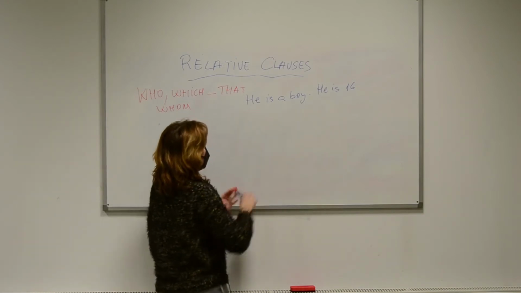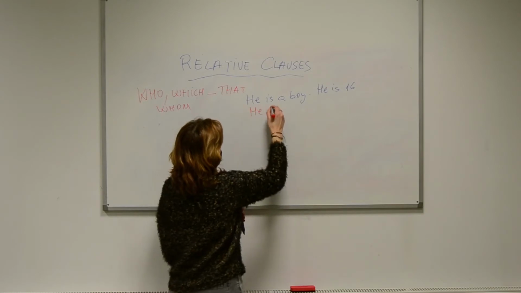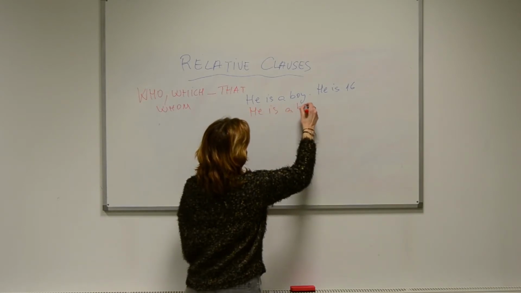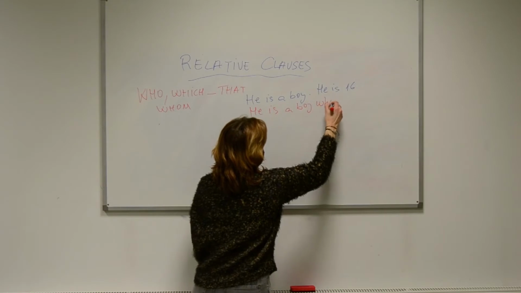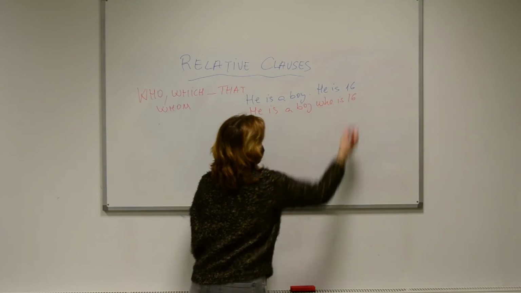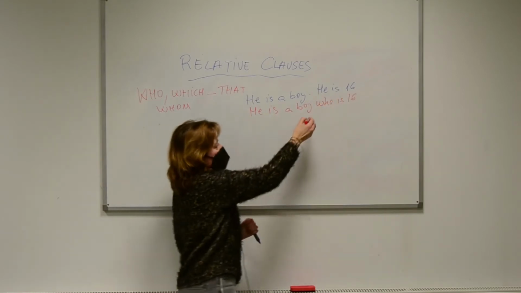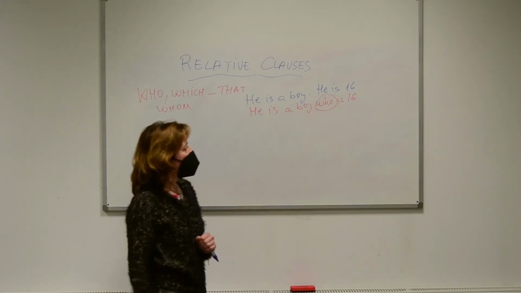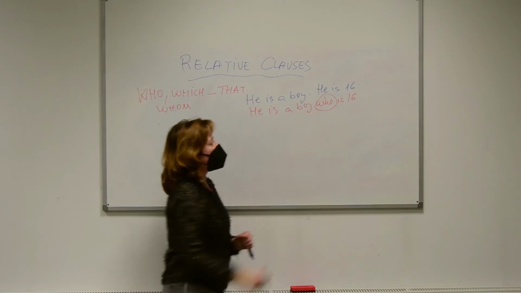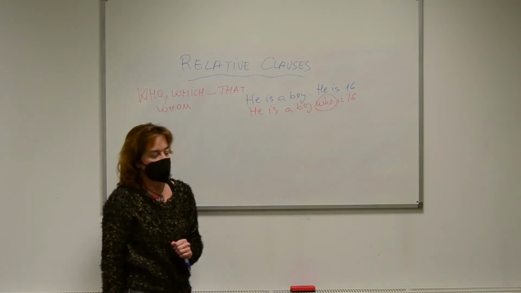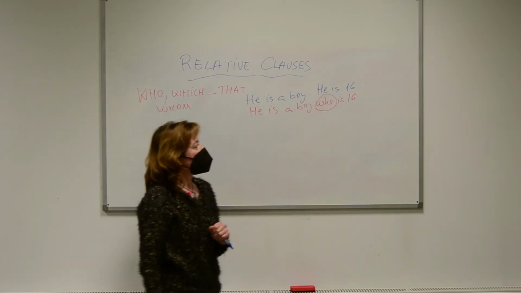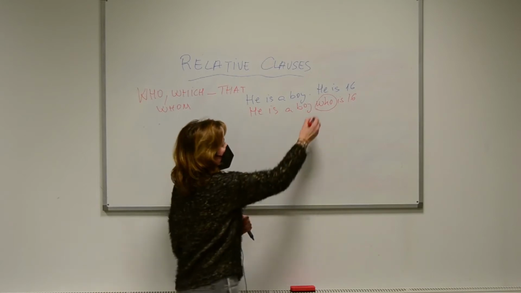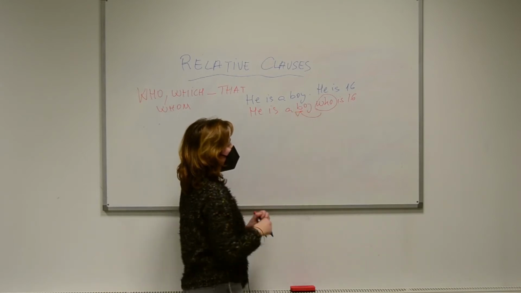And we can say, he is a boy who is 16 years. We use the relative pronoun who in order to refer to he, the boy. Who is a relative pronoun that is used to refer to people.